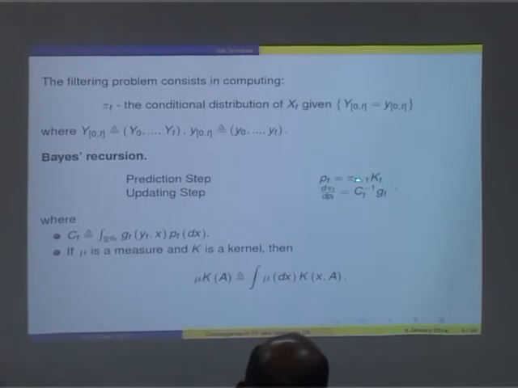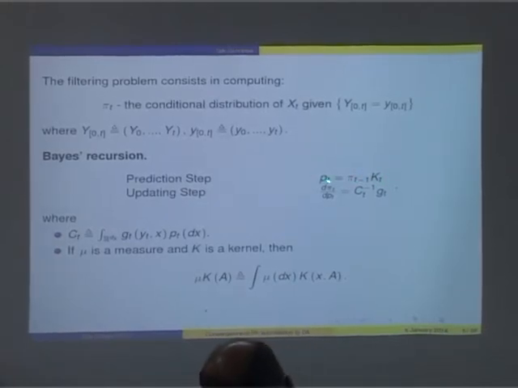First of all, you evolve pi_{t-1} by using the transition kernel, and you obtain something which is denoted by p_t. So this is the prediction measure. This is the prediction step, and then you get pi_t by multiplying p_t by this function g_t and normalizing.